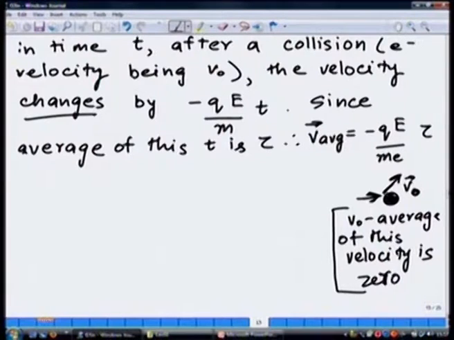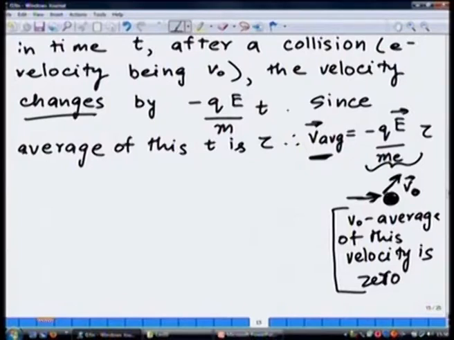So, the only contribution to the average velocity due to the electric field is therefore this. This is the change in average velocity due to the electric field. Now you see, this V average depends on the electric field. Given the electric field, there is an average velocity component that does not increase in time, because tau is the average time, a fixed number.